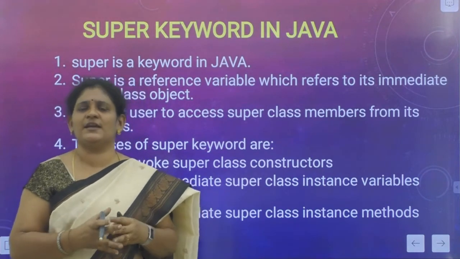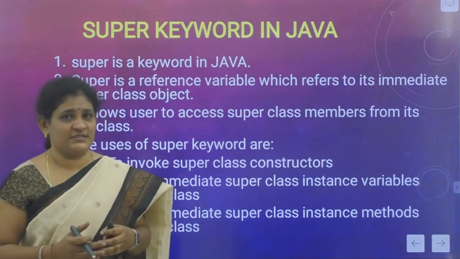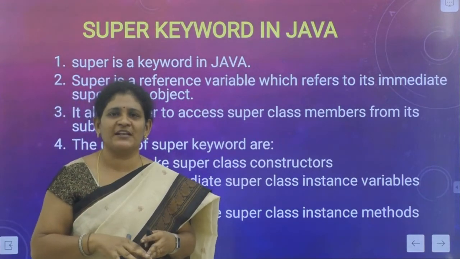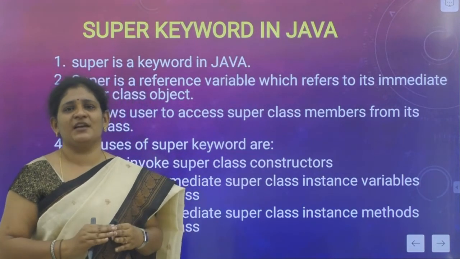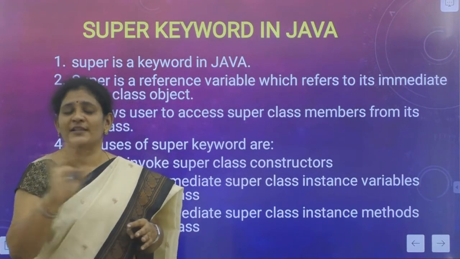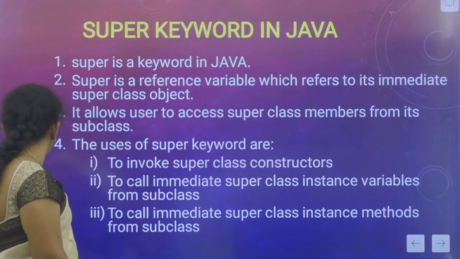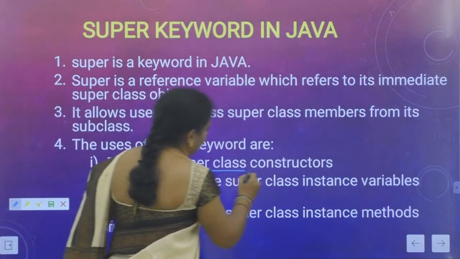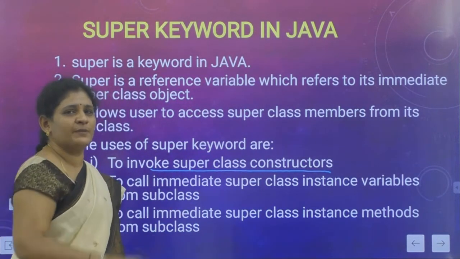So what are the members we can access by using the super keyword? All the members or only a few members? That we will be discussing in today's session. Super can be used to access only 3 kinds of members from the superclass, but not all the members. Put this point in your mind. Once again I am repeating, students. The first member is, we can use the super keyword to invoke superclass constructors.